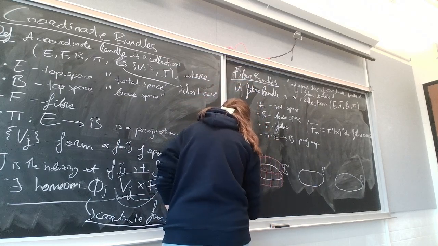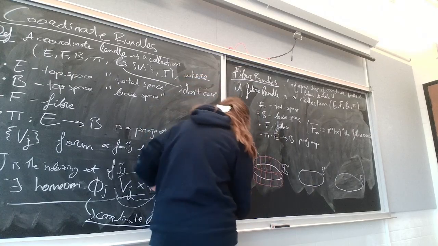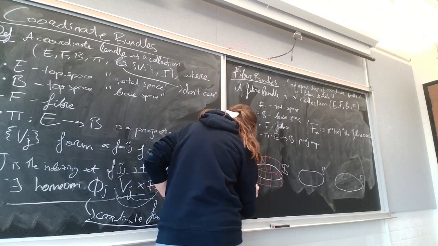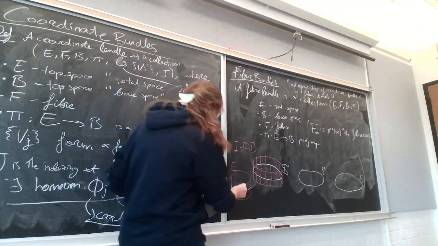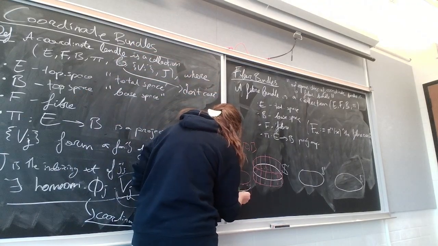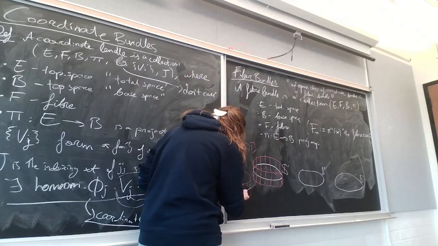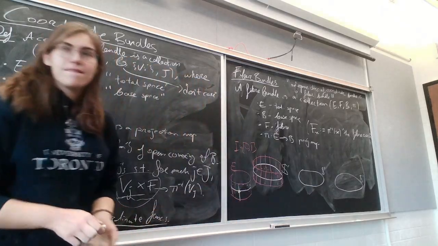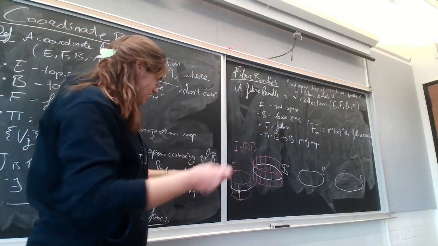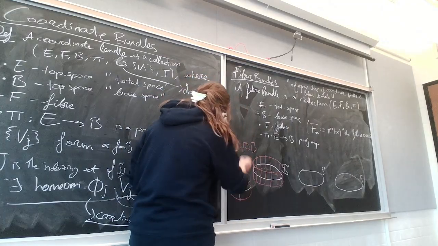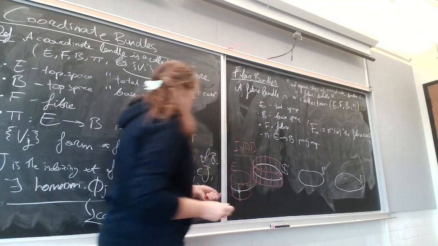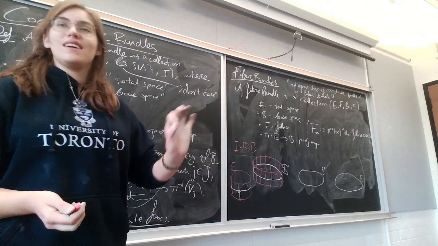So this is your E. And the projection just takes this line and projects it to this point. Now, what's the fiber? The fiber over any point is the pre-image, which is the line over here.